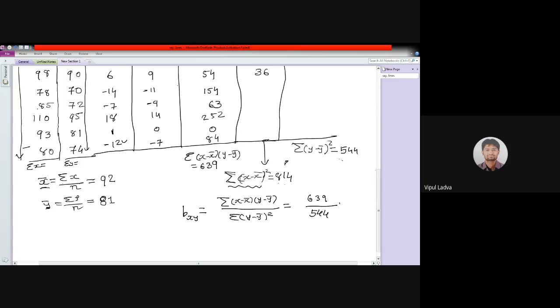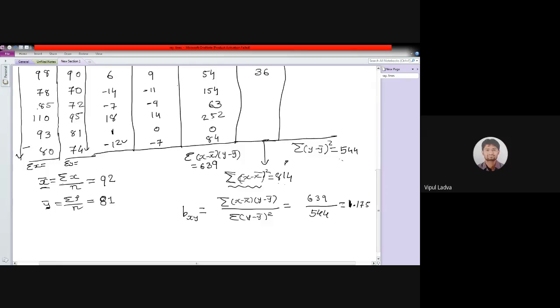Mohammed, what will be the division of both? 1.175. This is the first regression coefficient. Now observe, the first regression coefficient is greater than 1.